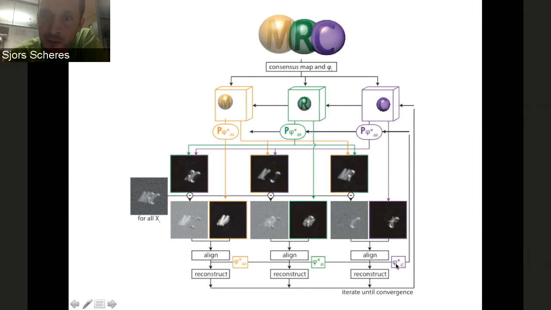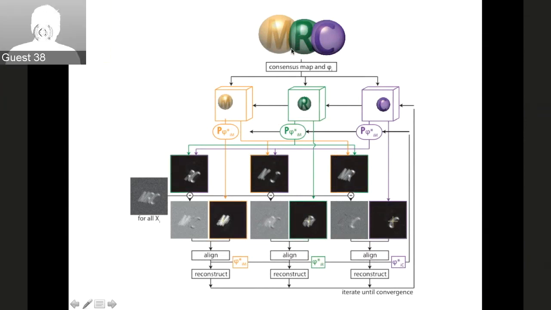In the next iteration, the subtraction of the RC signal for the focus refinement of the M, and all the other ways as well, becomes better because these angles are better. So you iteratively do better partial signal subtraction, and you accumulate now 3 sets of orientations for each experimental particle, which express the relative orientations of the M, the R, and the C domain with respect to the overall consensus orientation from the first refinement.